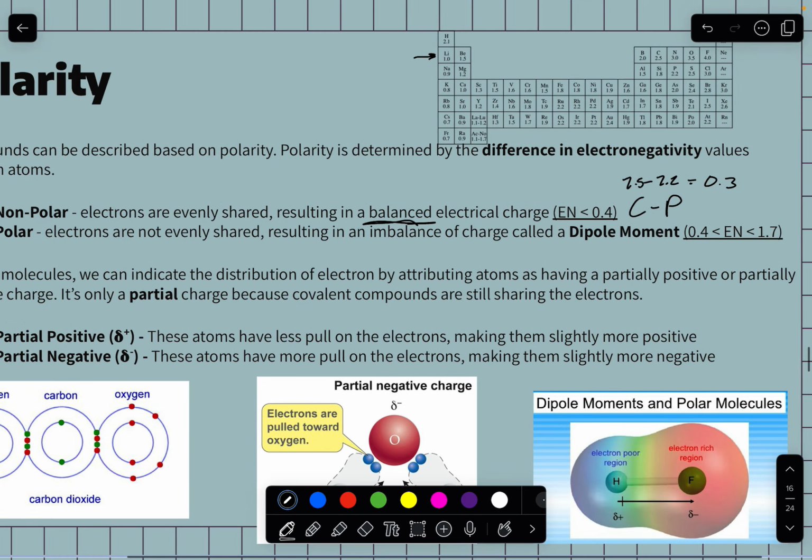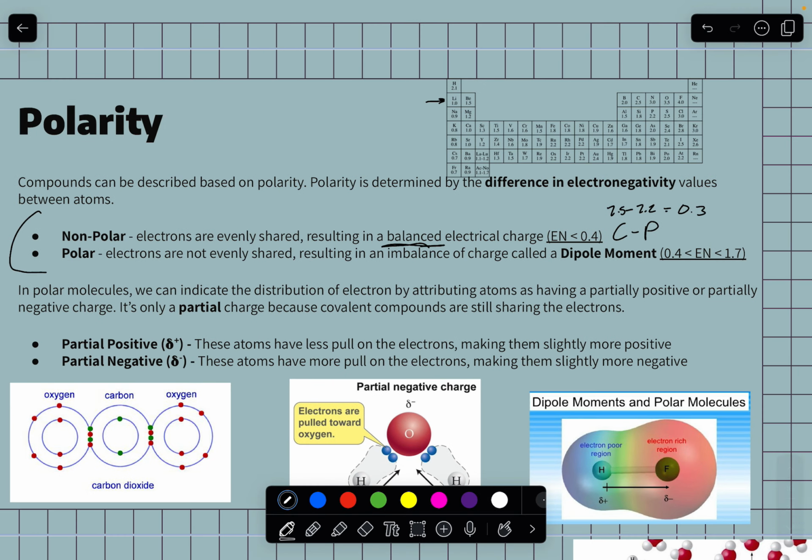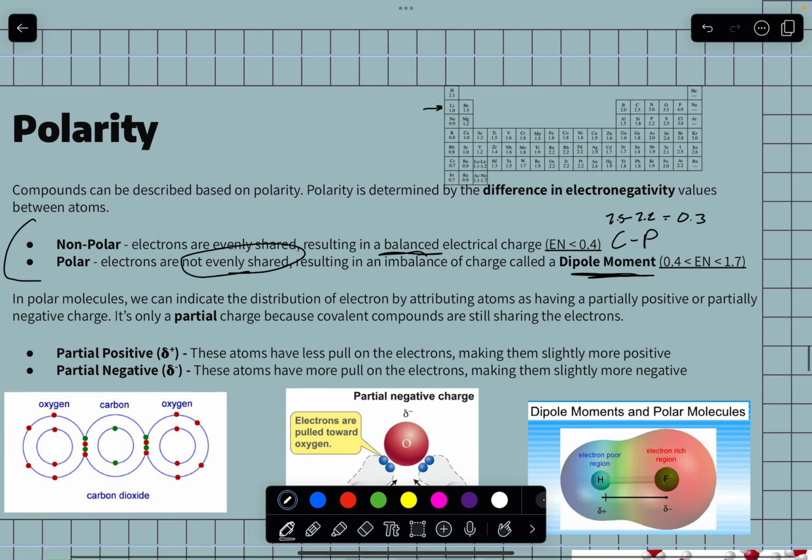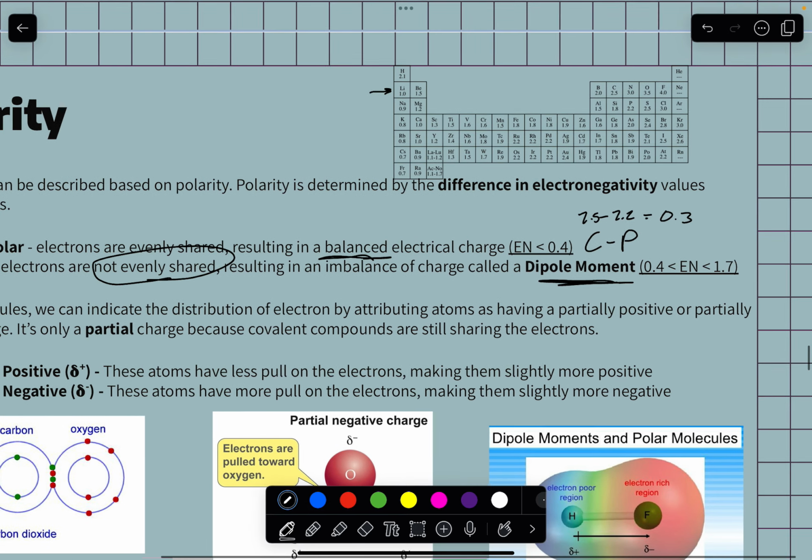A polar bond is not evenly shared, so it has a bigger difference. So it has a difference of 0.4 to 1.7. And when we have this not even share, if it's not balanced, we call that a dipole moment. Okay, so an example of that, like with hydrogen bonding, no, not with hydrogen bonding.